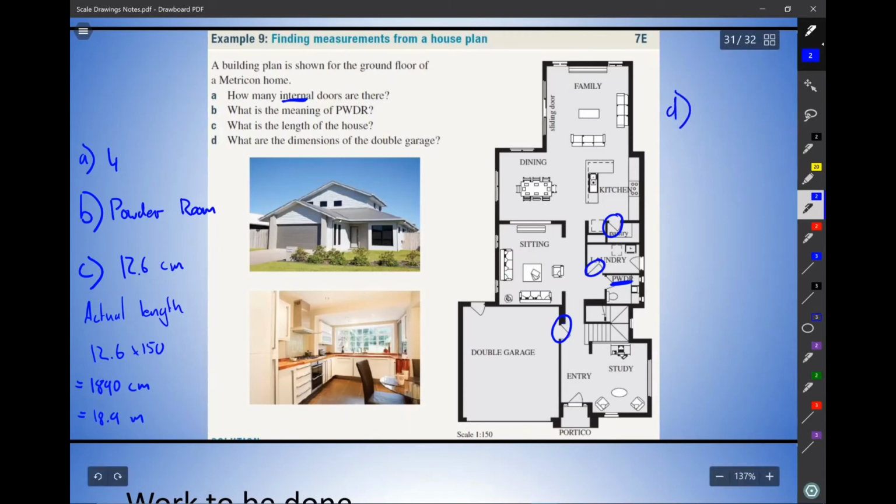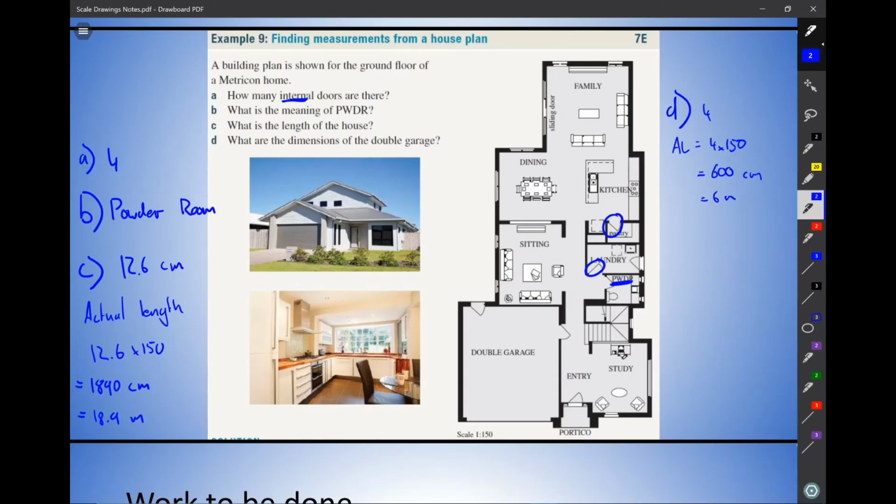I'll answer the last one over here. The dimensions of the double garage, it's the same process as calculating the length of the house. You measure the length of the garage, which is 4 centimeters. So actual length is 4 times 150, which equals 600 centimeters, or 6 meters.